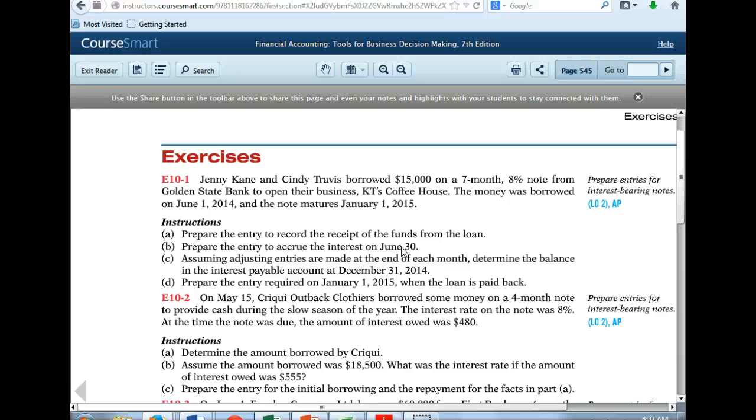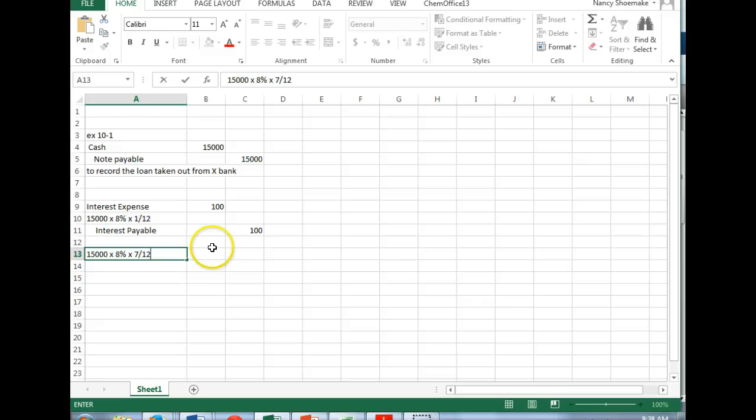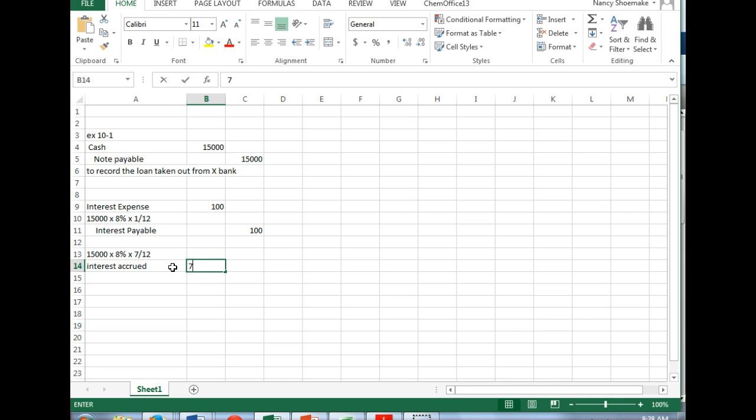How are we going to calculate that? 7 months. We're going to take 7 months out of 12 months. So 15,000 times 8% times 7/12 is going to equal what? So the interest accrued should be $700, right? As of the end of the period.